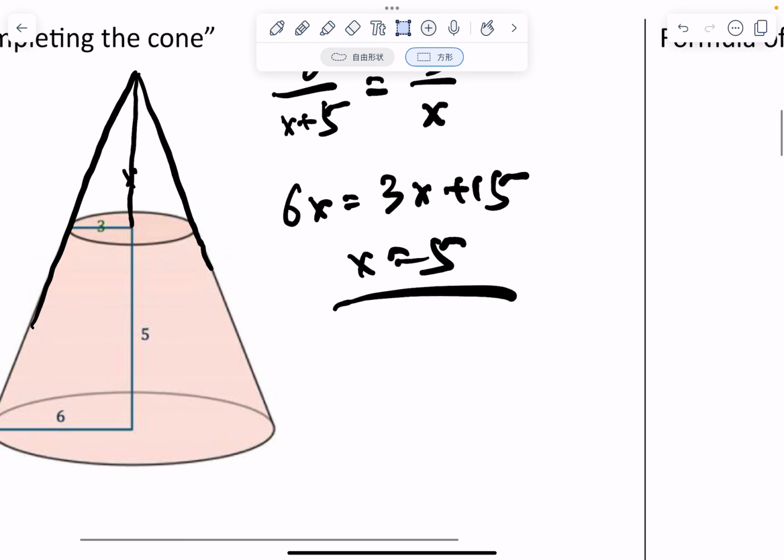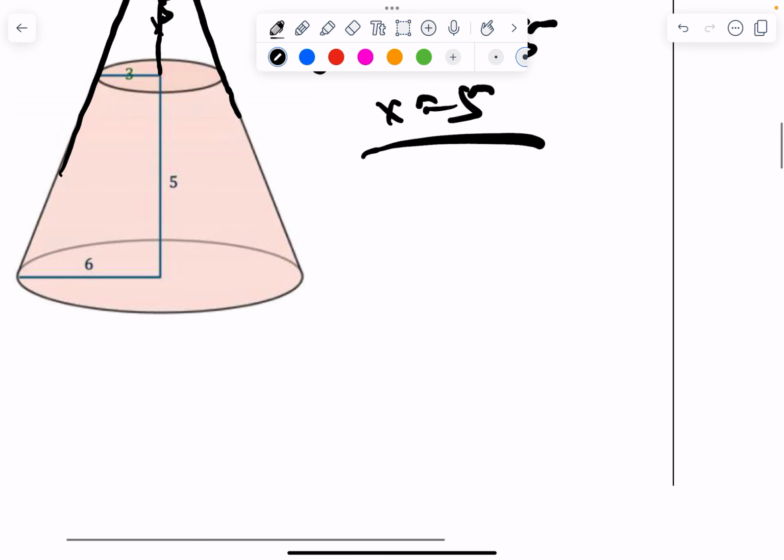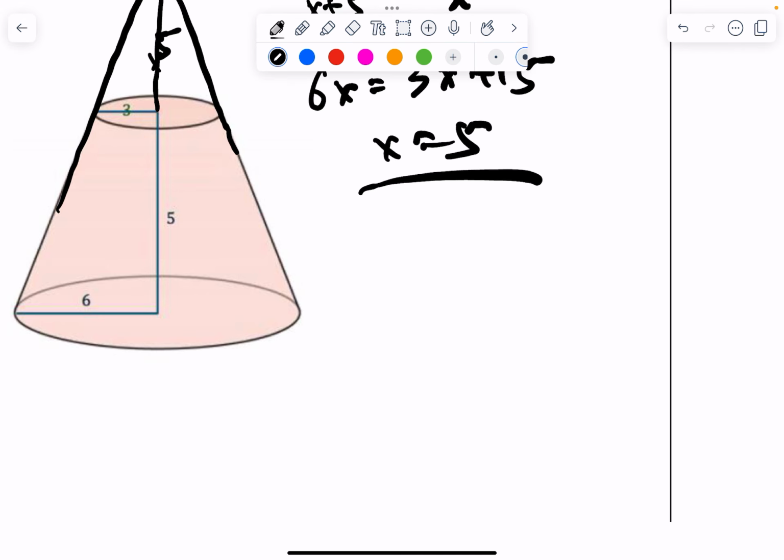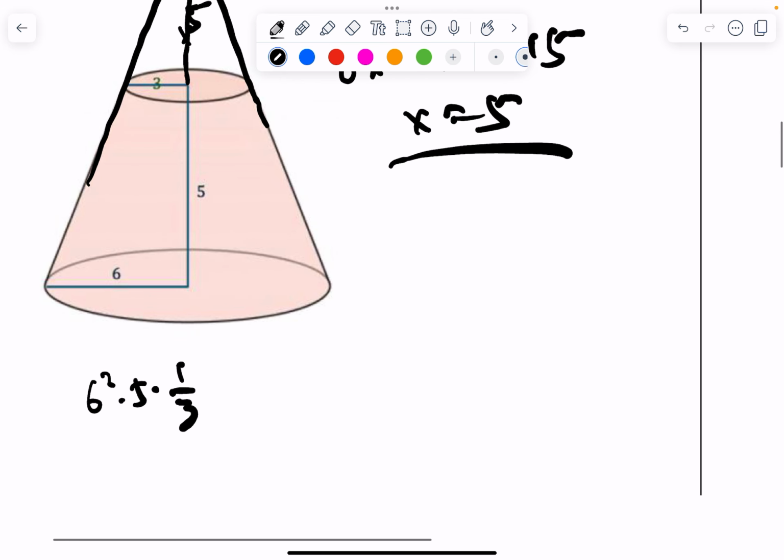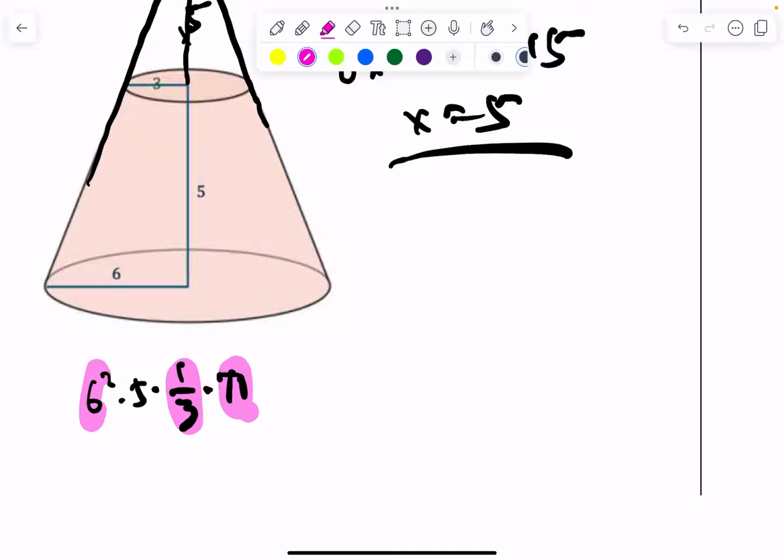So after you know x is 5, the process becomes very simple. We have the large cone, which is 6 squared times 5 times 1/3 times pi, of course, right? Because it's 1/3 pi r squared h, and my bad here, the h is actually 10.